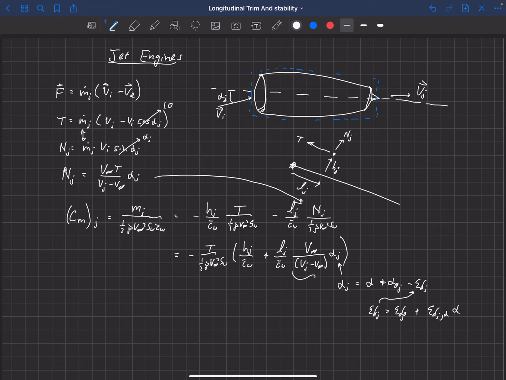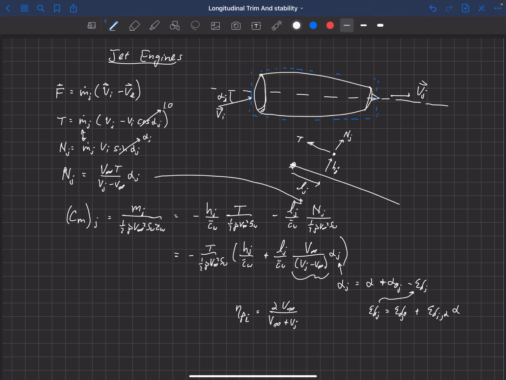look at is this term here, and it turns out that that term is related to the propulsive efficiency of the jet. The ideal propulsive efficiency is equal to 2 v infinity over v infinity plus vj. Okay, so that's a definition for the ideal propulsive efficiency of a jet.